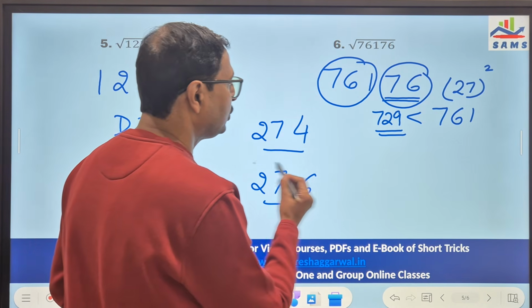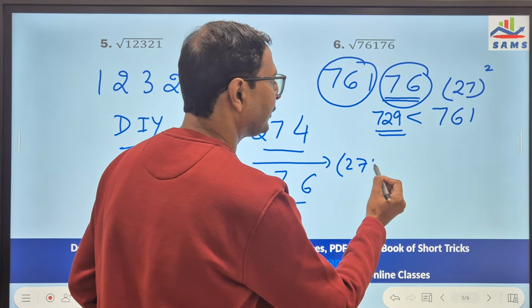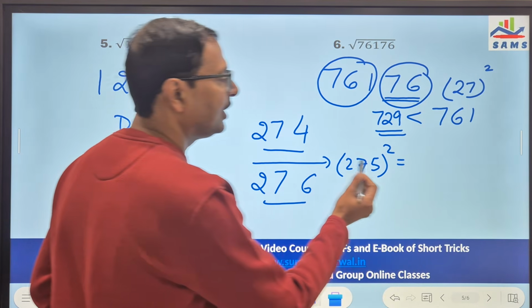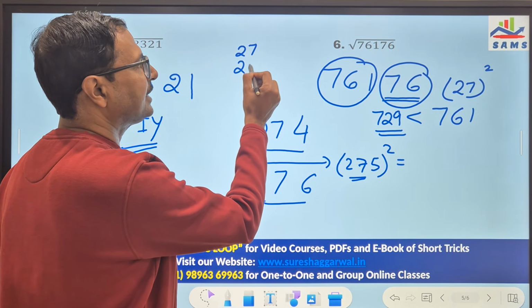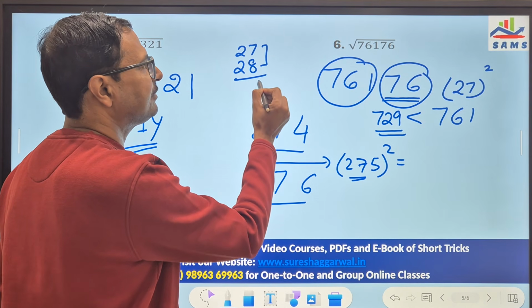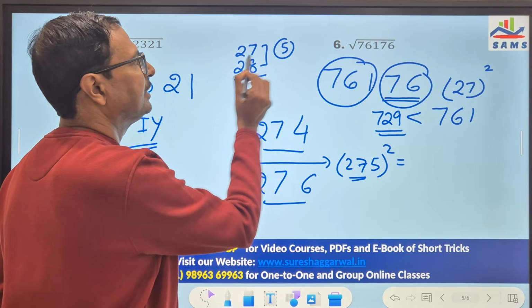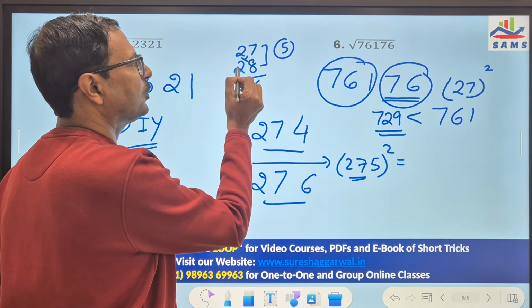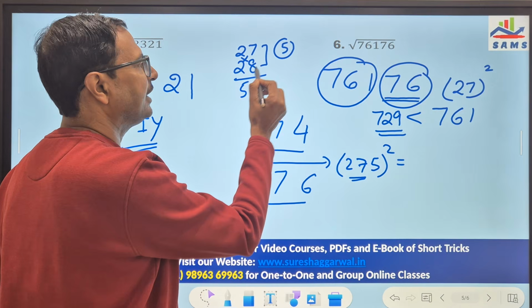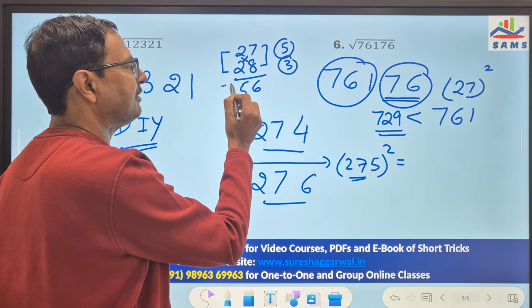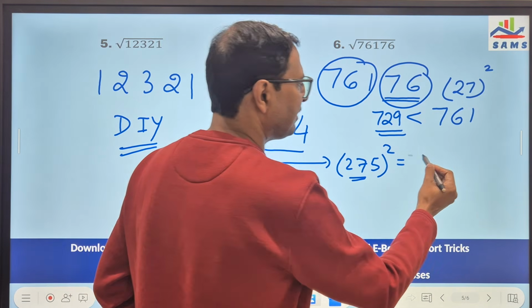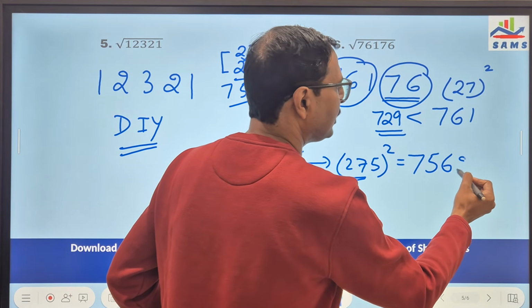So for that you need to square 275, and for squaring 275 you just need Vedic maths. 27 times the consecutive number 28. 8 sevens are 56, 5 carry, then this is 16 and 14 30, 35, 5 3 carry, then you have 4 plus 3 7, 756. So 756 followed by 25.